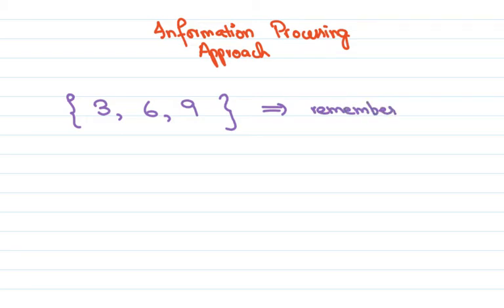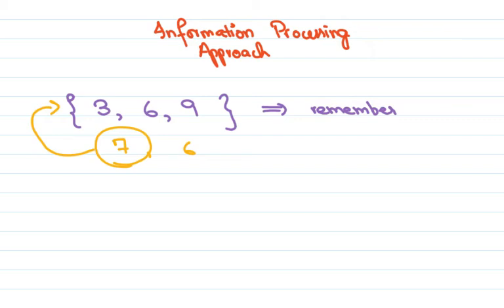Then they were given a probe digit, such as 7 or 6, and asked to answer as quickly as possible whether this probe digit was part of the set they had been asked to remember. So this was a timed experiment.